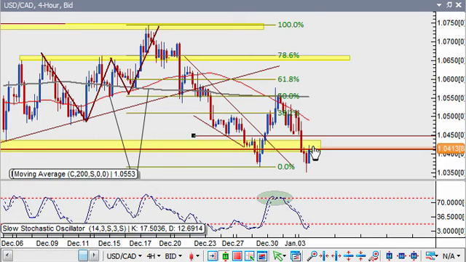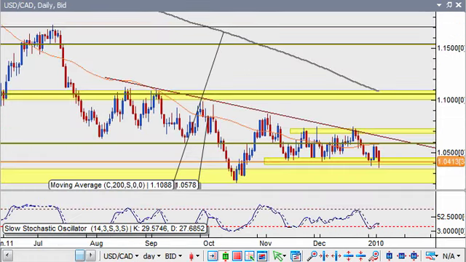If the market can break above that in the Asian session, then we may have a reversal to test this 1.0650 area. That would also be testing this down sloping trend line, and if that breaks, then this 1.07 area also gives us some range resistance.